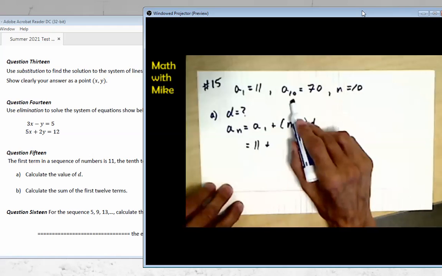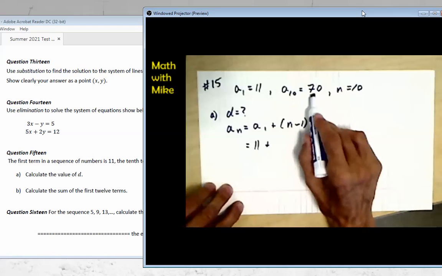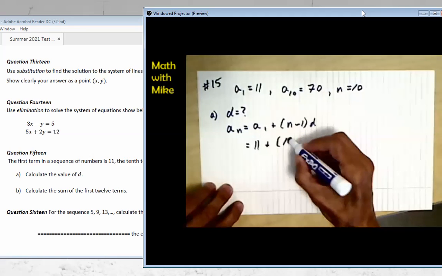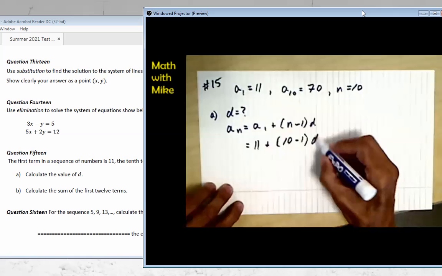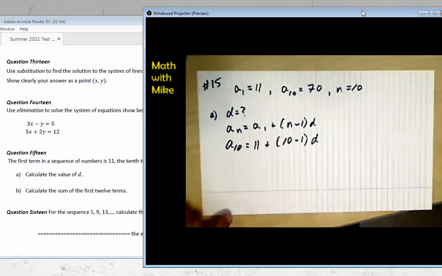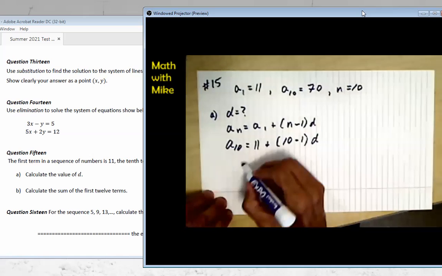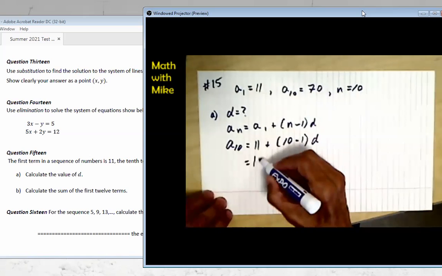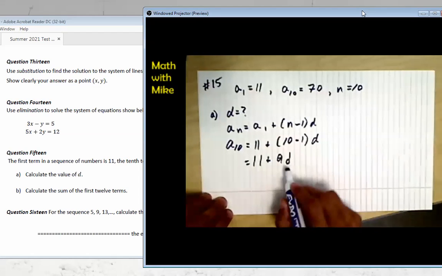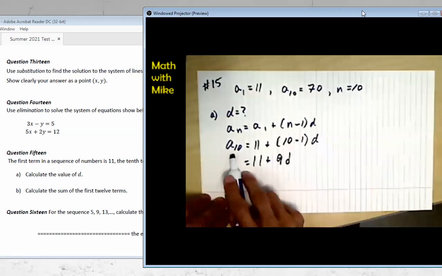N is equal to 10. So that means we get 10 minus 1 multiplied by D. So we get 11 plus 9D, 9D if you say it fast. And then A10, the 10th term, is 70.